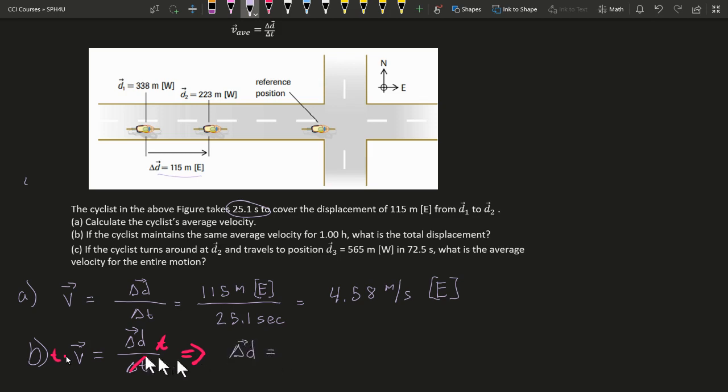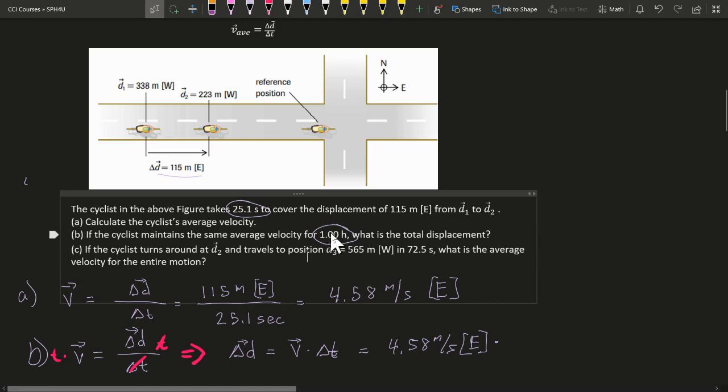My change in position is equal to my velocity times my time, okay? Which is the velocity that they gave us. So they're just telling us, look, this is the same velocity, meters per second east, times a scalar of time, 1 hour. Well, we were saying earlier that 1 hour is equal to 3,600 seconds.